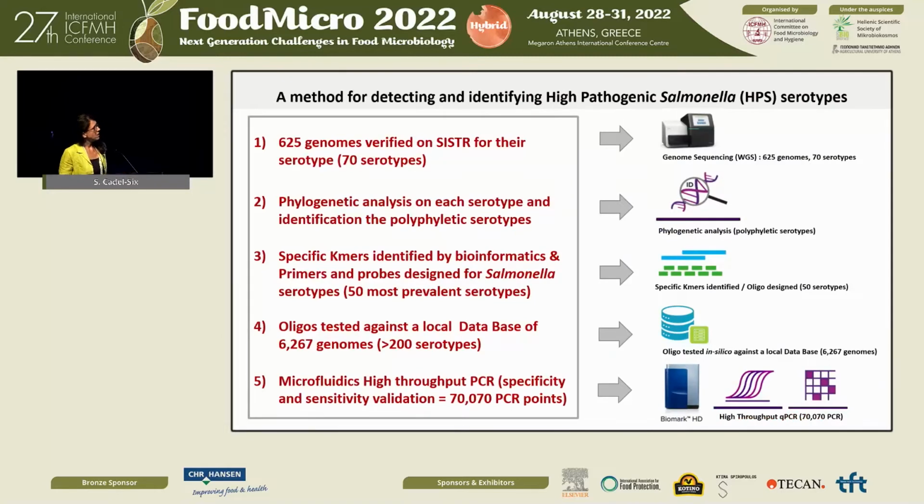But here is the workflow of the development of our Salmonella molecular serotyping method. We started from the analysis of more than 3,000 well-characterized genomes of Salmonella for 70 serotypes to study the population diversities and to implement bioinformatics tools to identify specific and sensitive sequences for each serotype.